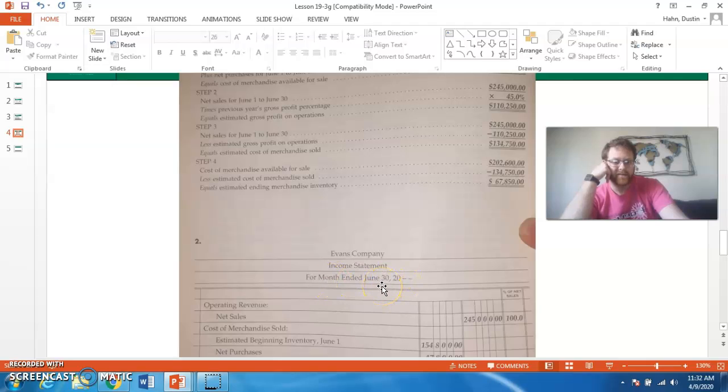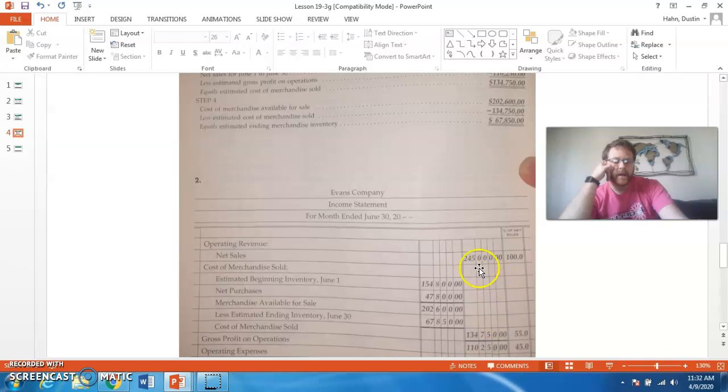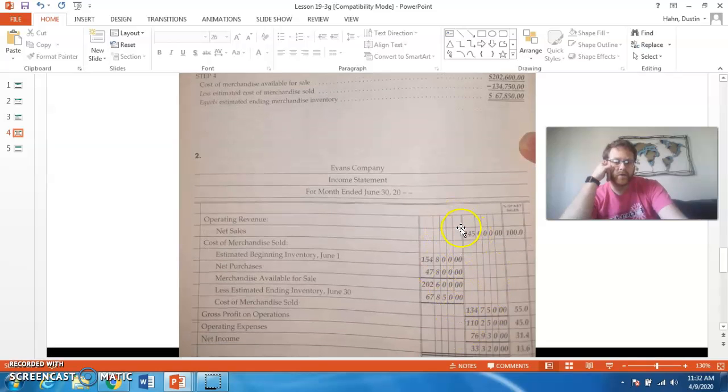So what sales did you have in the month of June? Your net sales June 1 through June 30th. So that's where that number comes from. That's your operating revenue. That's how much you brought in. Keep in mind you have your two columns. Your first one represents some sort of calculation.